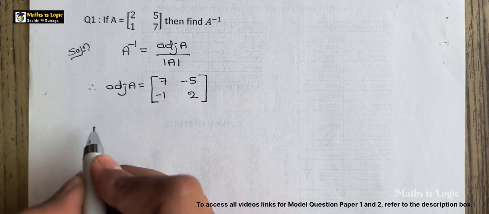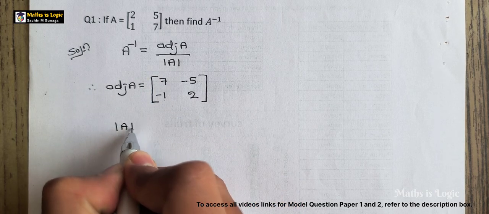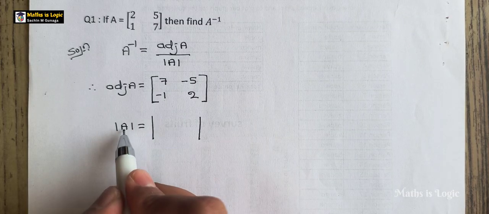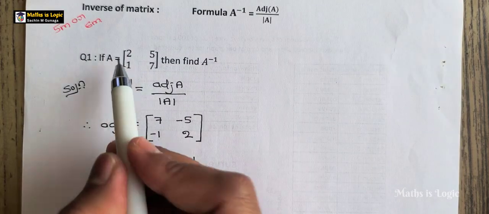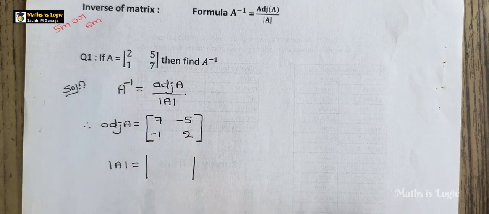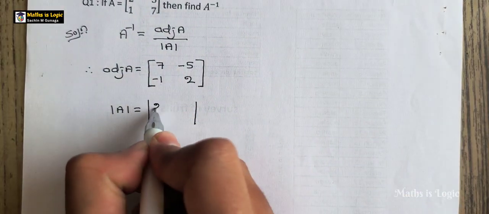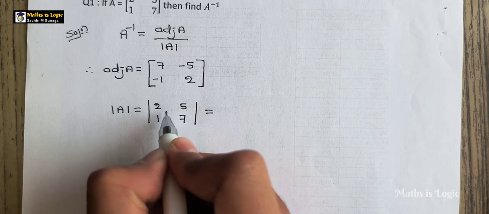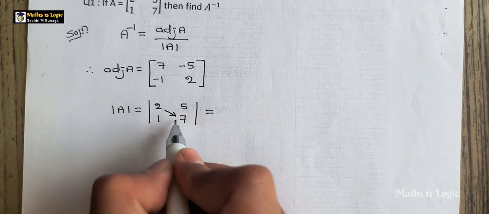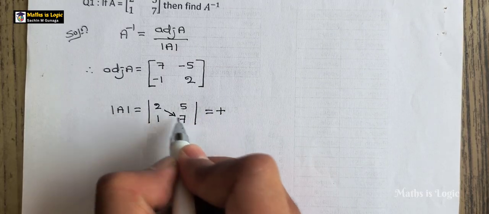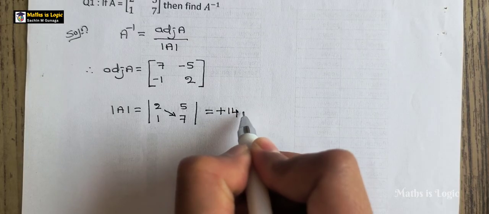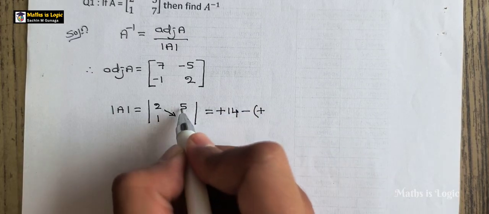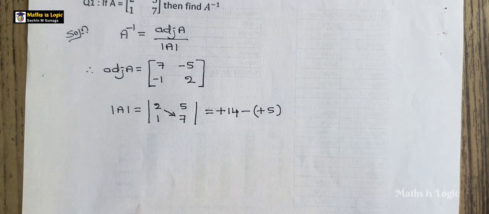Next, find out determinant of A. Determinant of A is equal to the determinant symbol, keep it as it is, substitute the A value. What is that A value? 2 5 1 7. Apply the second order determinant rule, cross multiplication, plus into plus, plus 2 into 7, 14, minus, plus into plus, plus 1 into 5 is 5.